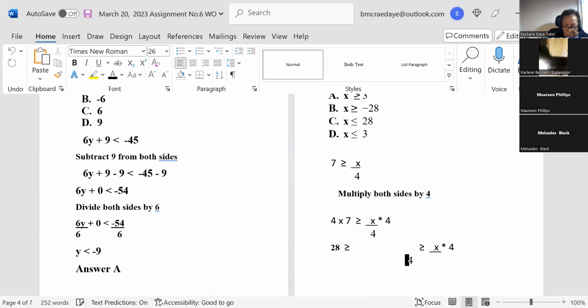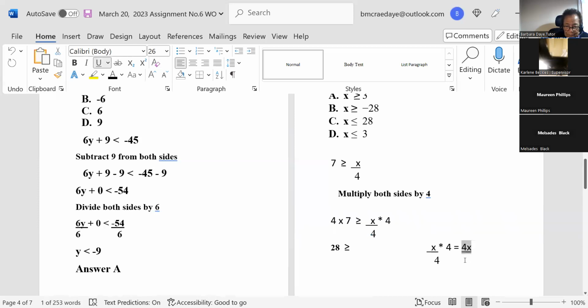Straight multiplication. Let's take out the inequality sign there. Now, what's 4 times X, Mercedes? That's 4x. That's right. Very good. 4x, and we're dividing that by 4. So what is that equal to?